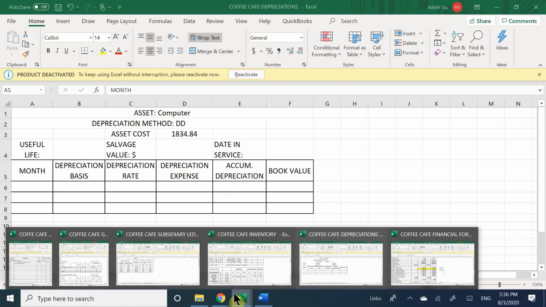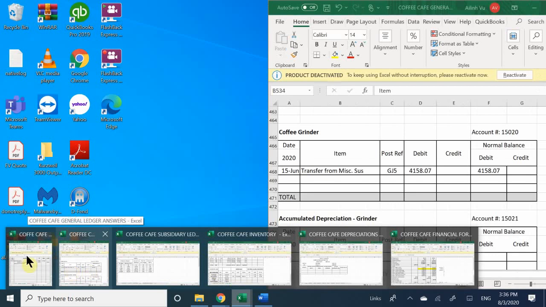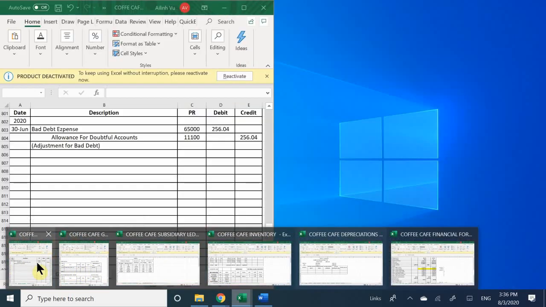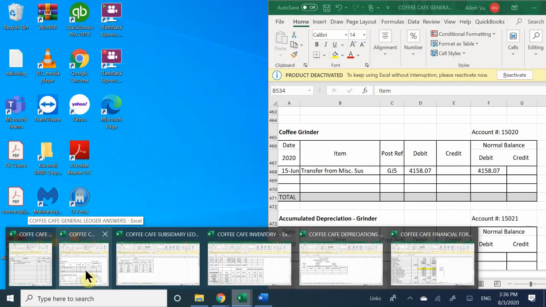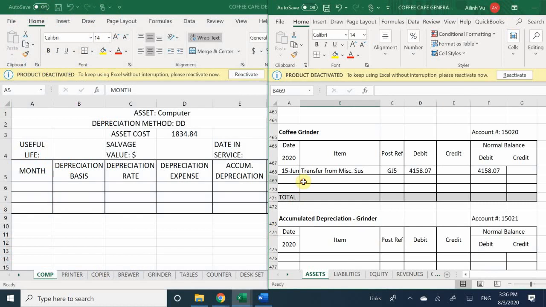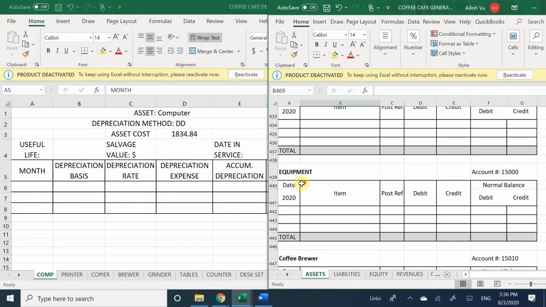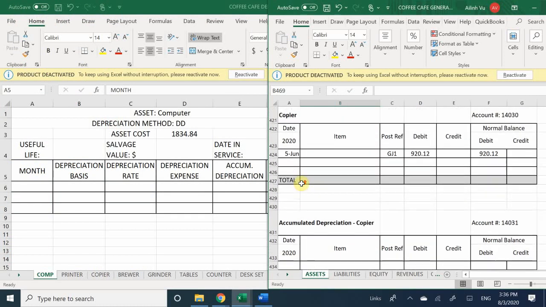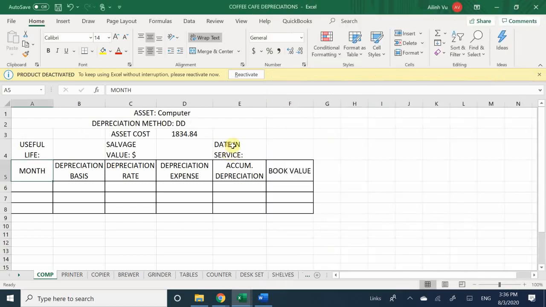The day we put it in service: we purchased this on the 5th of June, so the date in service is June 5th. We have zero residual value, and it was double declining.